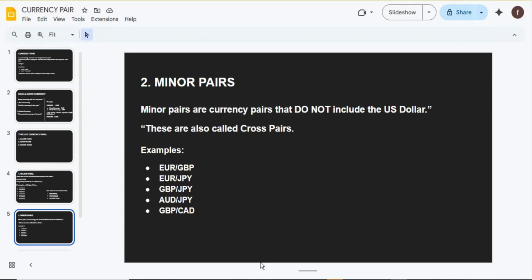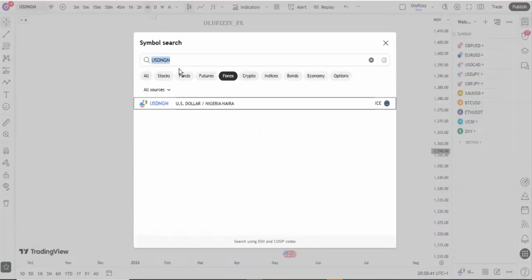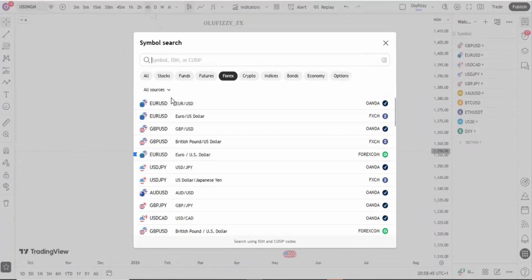Let me just go on TradingView again to show you some examples. If you check my watch list, the majority of my list here are major pairs, apart from gold and most of these crypto pairs. Let's quickly check from here. I will just clear this.